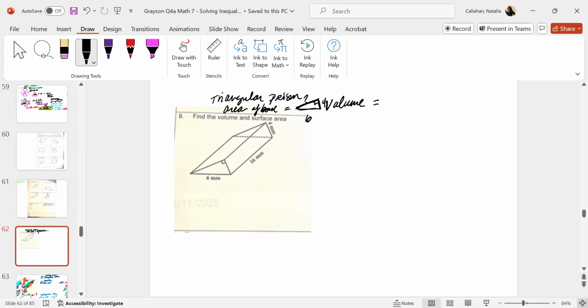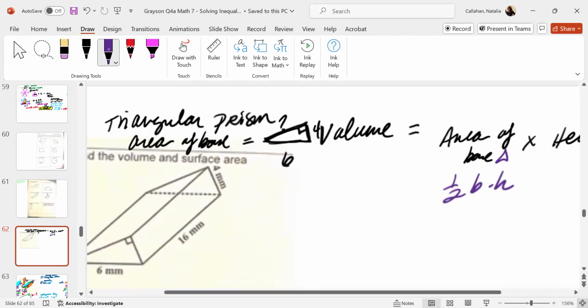All right, what's the volume formula? Area of base times height. Perfect. Area of the base is going to be this shaped triangle, correct? What's the area of a triangle? 1/2 base times height. Okay, you have this triangle right here. Let's label it. Which one on this triangle is going to be the base?